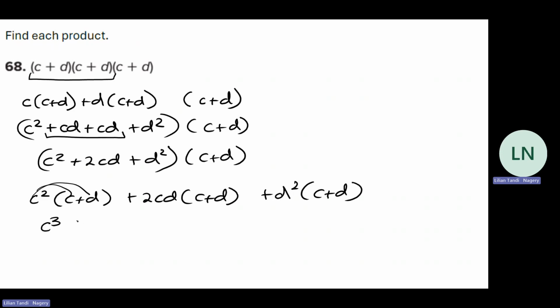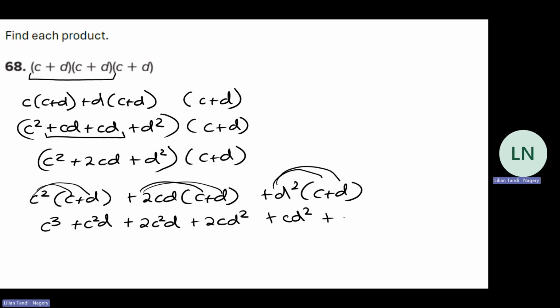This becomes positive c squared d. This becomes plus 2c squared d. This becomes plus 2cd squared. Okay? This becomes plus cd squared, and this becomes plus d cubed.